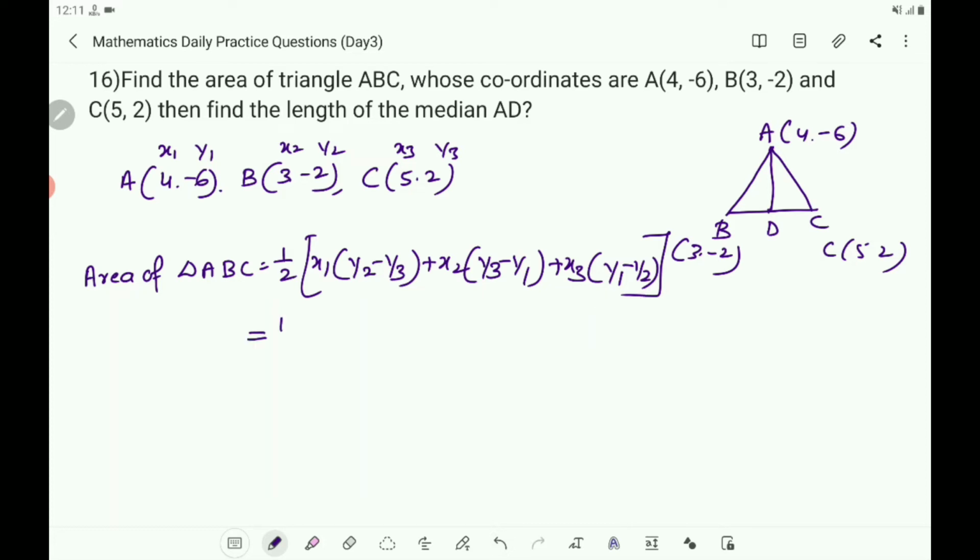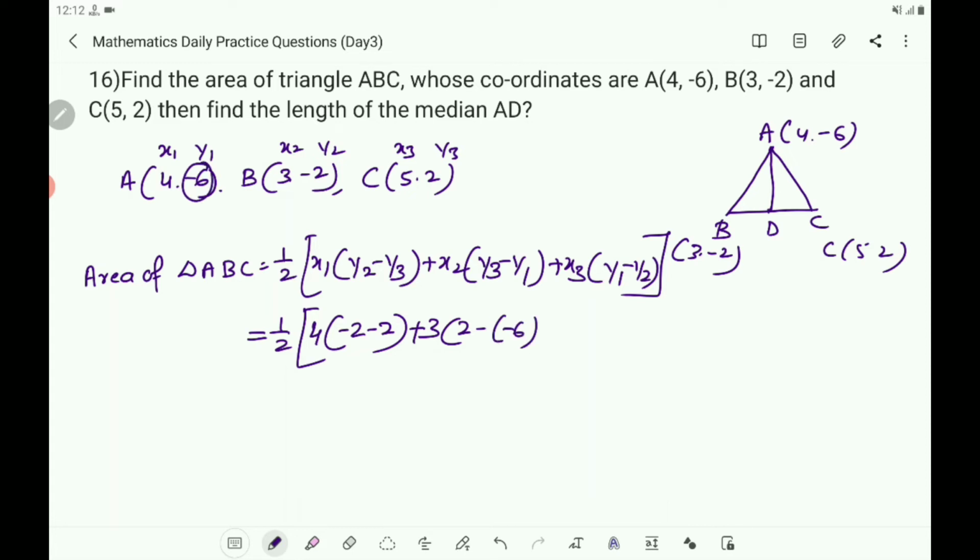That equals 1 by 2 into x1, substitute the value of x1, that is 4, into y2, y2 is minus 2, minus y3, y3 is 2, minus 2, plus x2, x2 is 3, into y3, y3 is 2, minus y1, that is minus of minus 6.